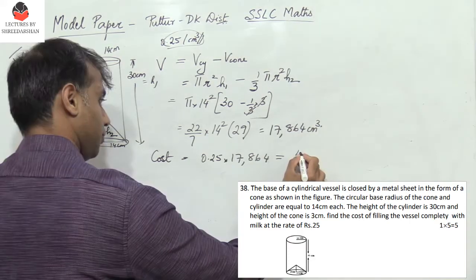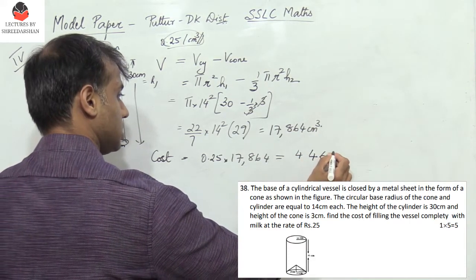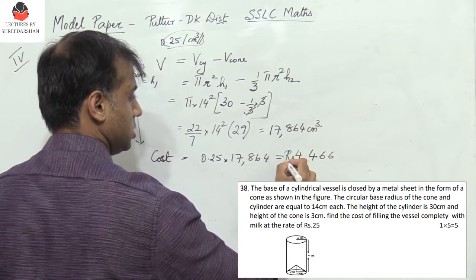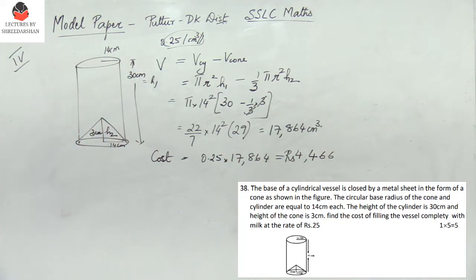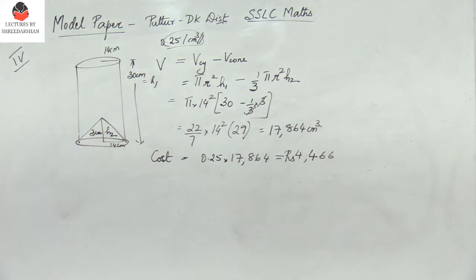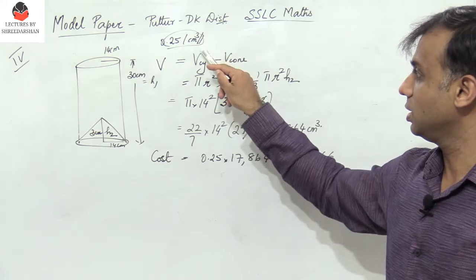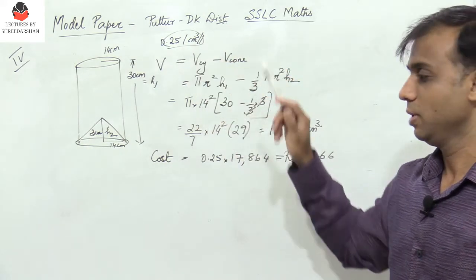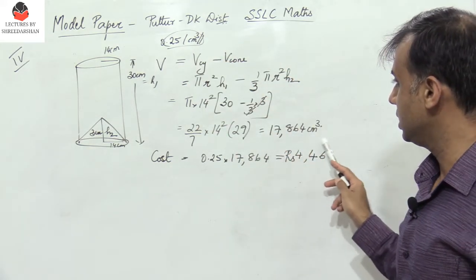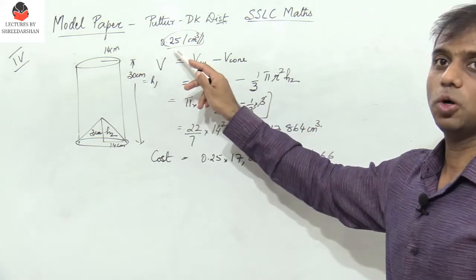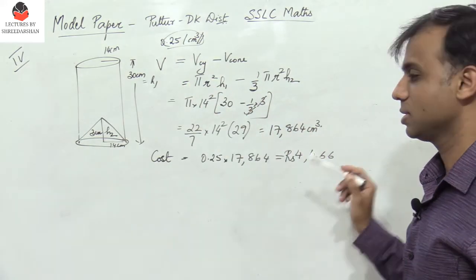So you get 4,466 rupees. So to fill the entire cylinder with milk, the cost would be rupees 4,466. So this is a very interesting problem. The cost of milk per centimeter cube is 0.25, so I am multiplying this entire volume by 0.25 so that you get the total cost of the milk.